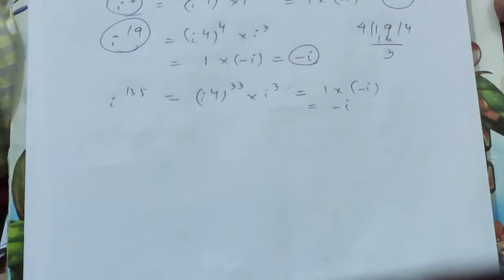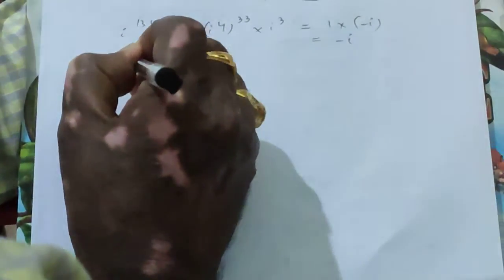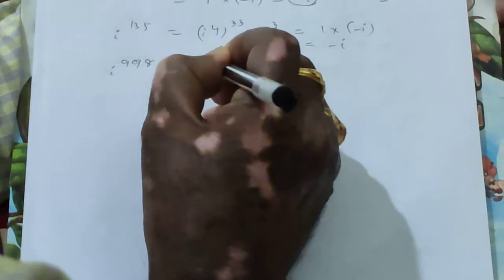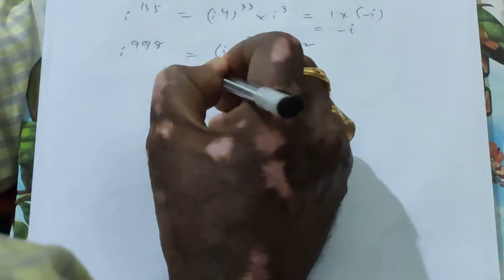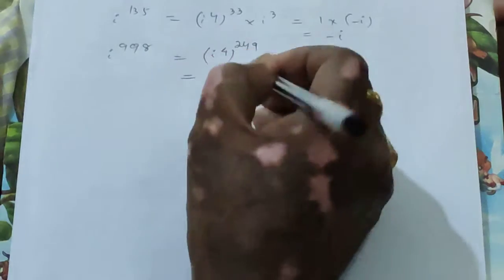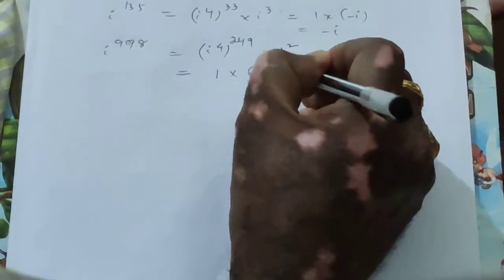Let i to the power 998. i to the power 998 equals i to the power 4 to the power 249 into i square. i to the power 4 is 1, 1 to the power 249 is 1, into i square is minus 1. So we are getting minus 1.